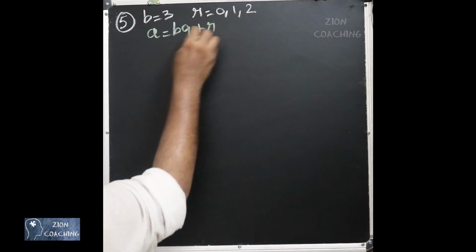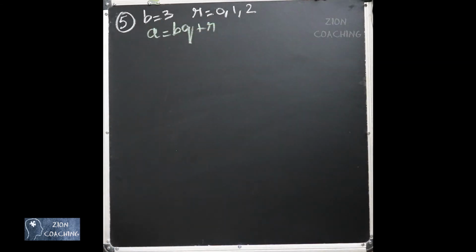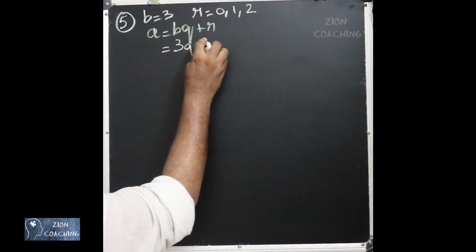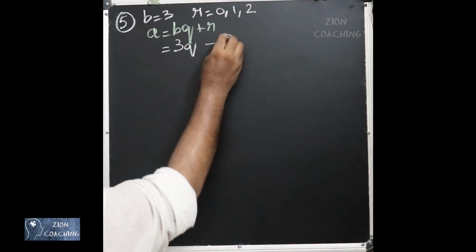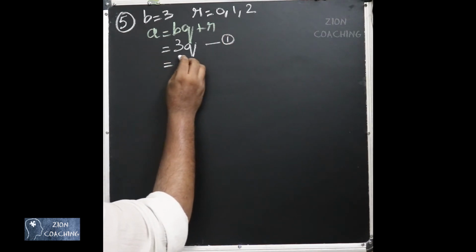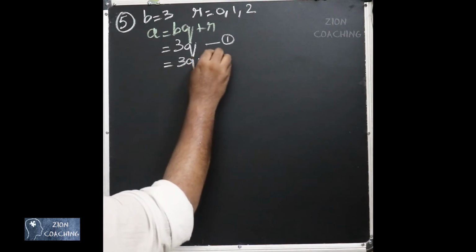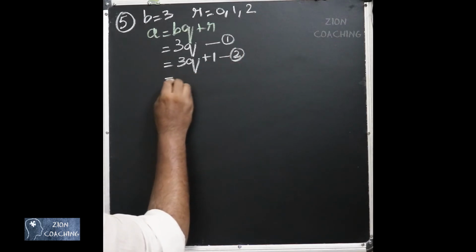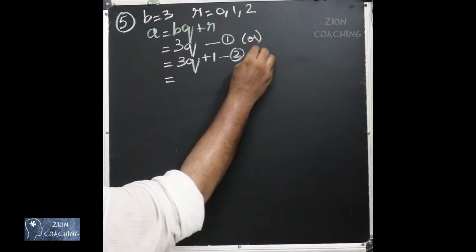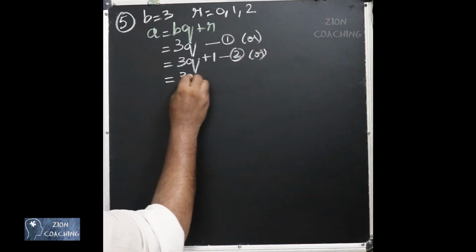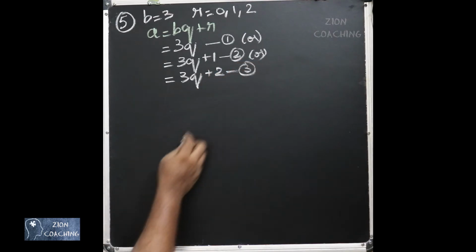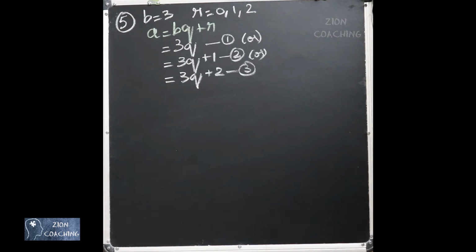When you substitute the values, the numbers are going to be in the form either 3q plus 0, that is just 3q, this is 1, or they will be in the form 3q plus 1 when you substitute r as 1, this is the second one, or they are going to be of the form 3q plus 2. This is 3. Now they are asking us to show the form of the cube of these numbers.